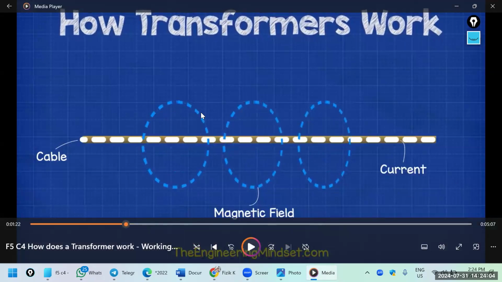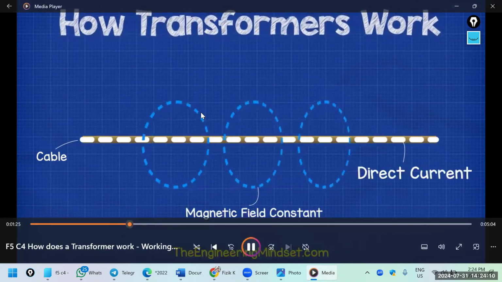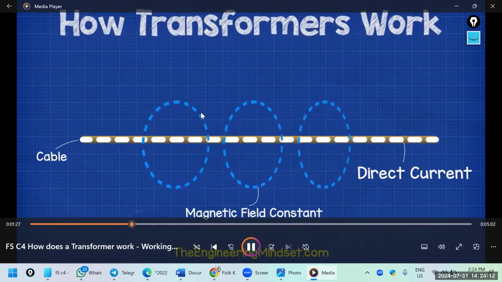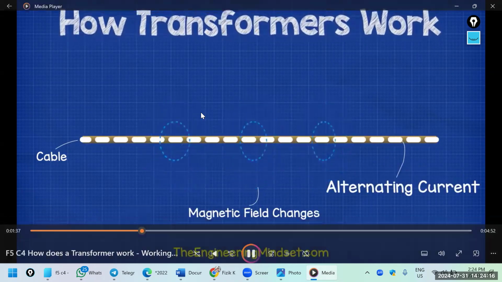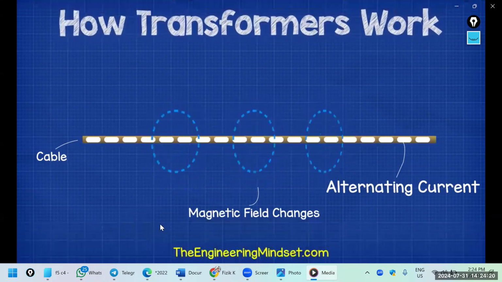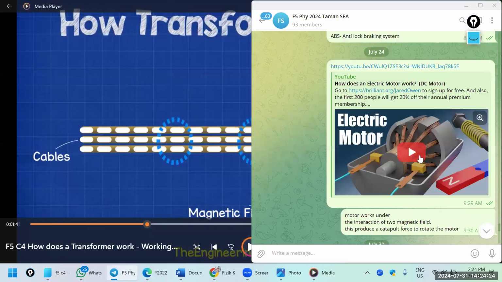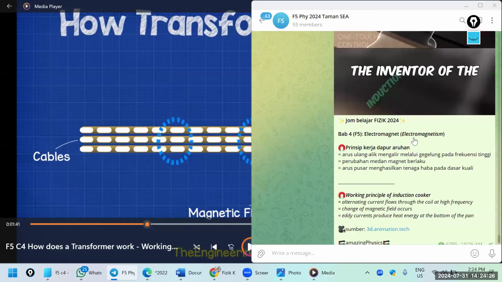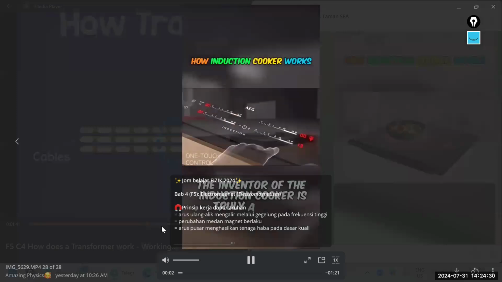Can you see, at DC the magnetic flux is constant, but AC the magnetic flux is changing. Yeah, we want the changing of magnetic flux. If you want to go further, you also can see this. It's in your Telegram, right?